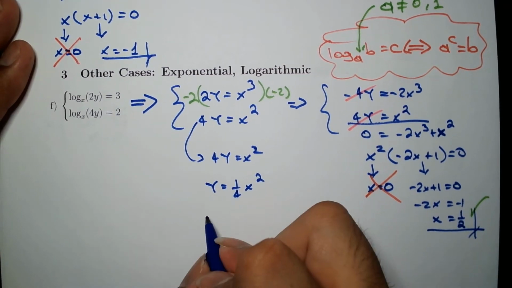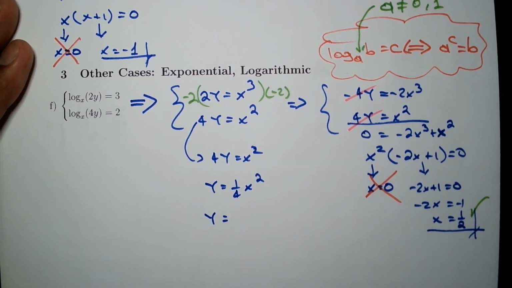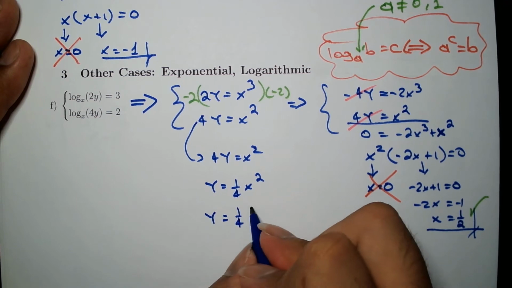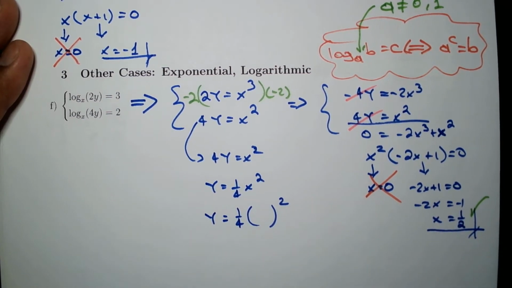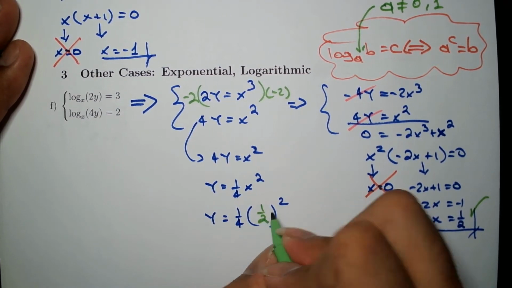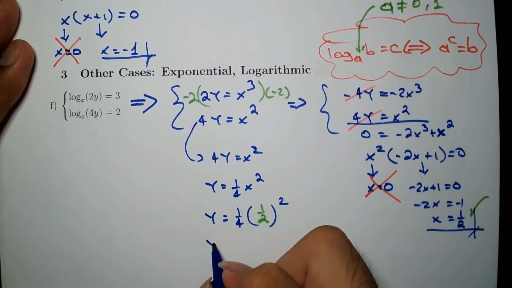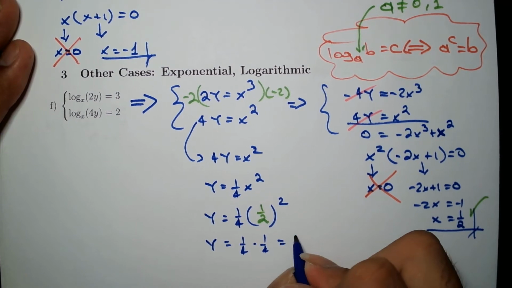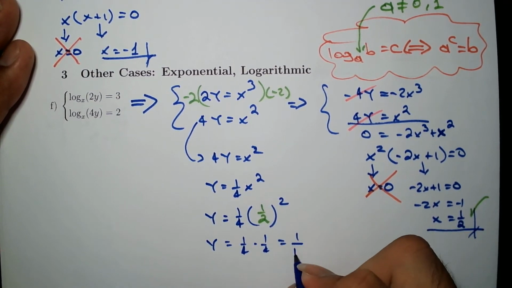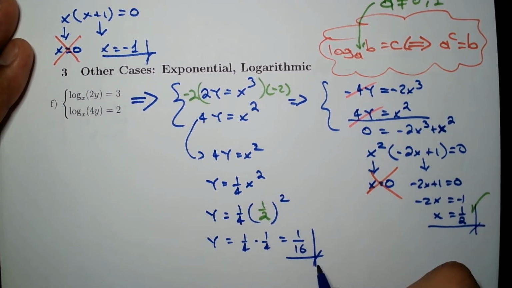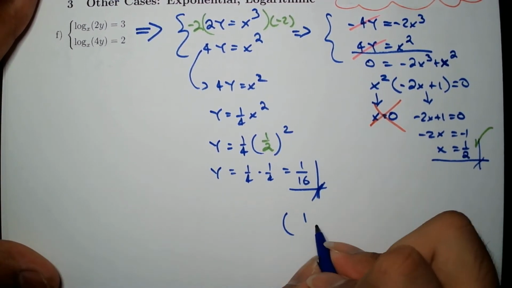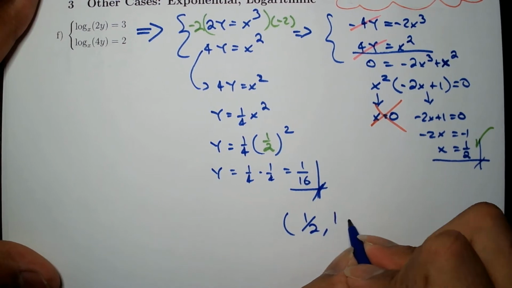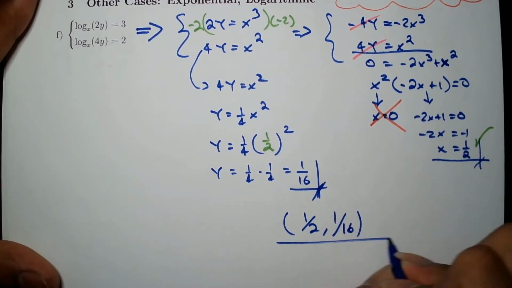So y equals 1/4 times (1/2) quantity squared. And in this case, 1/4 times 1/4 equals 1/16. Final answer. So the solution set will be (1/2, 1/16).